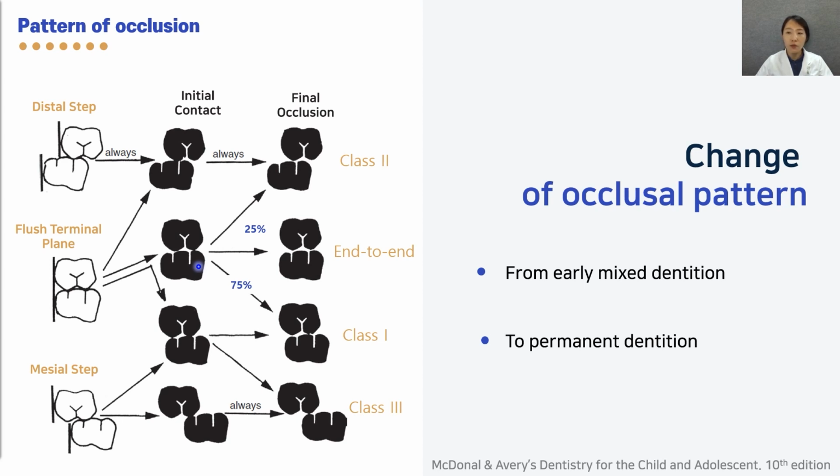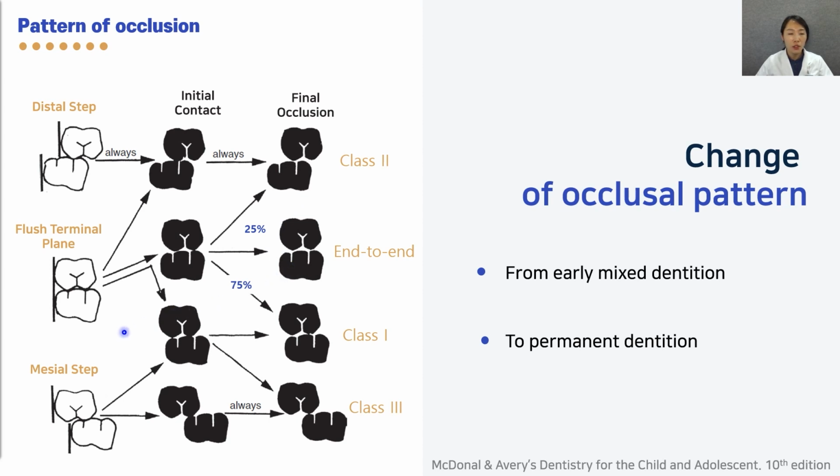And 75% of cases will shift toward class 1 relationship in permanent dentition, but the remaining 25% will shift into a class 2 or end-to-end relationship.